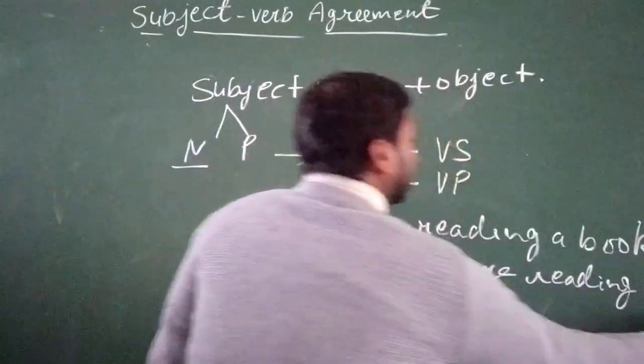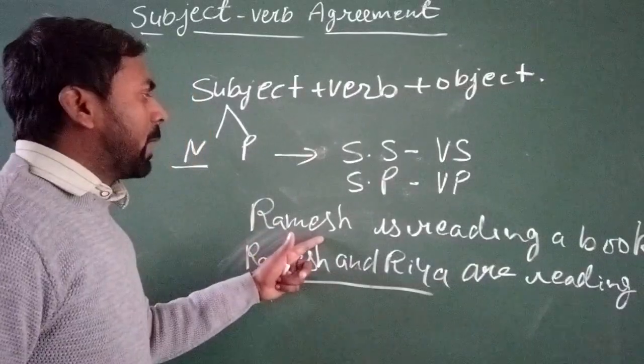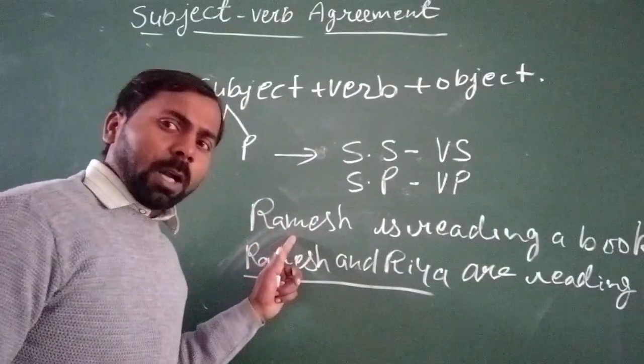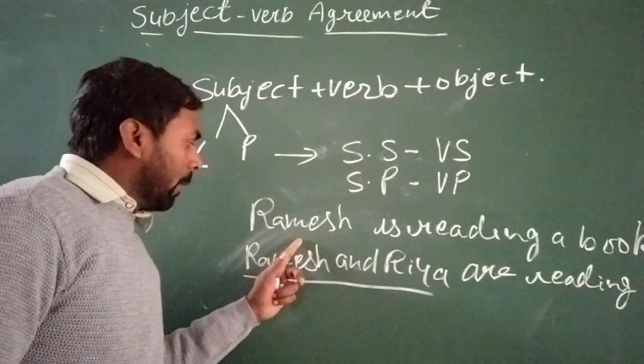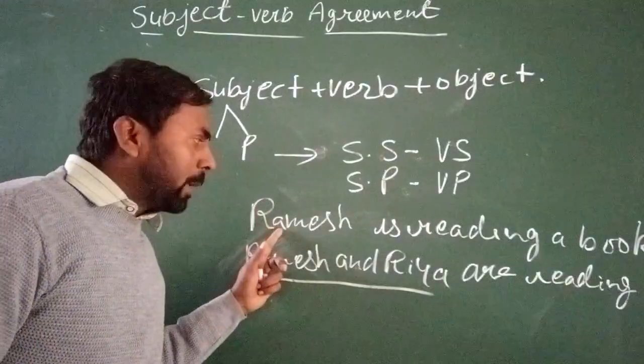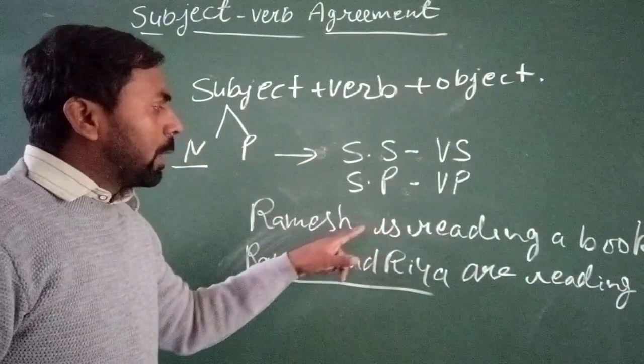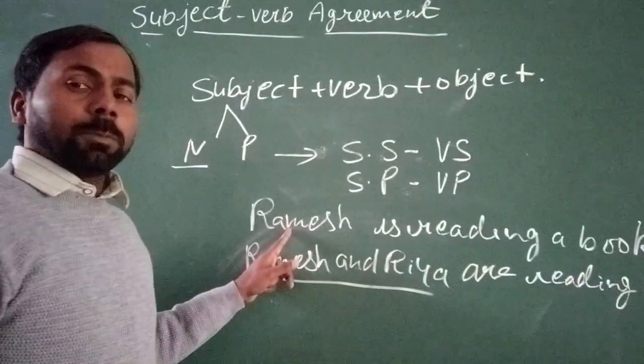Books. In the first sentence, you can see Ramesh is a singular subject, a singular noun word, and if this word is singular, then we can also use the singular verb, like "is", a singular word that refers to the subject.